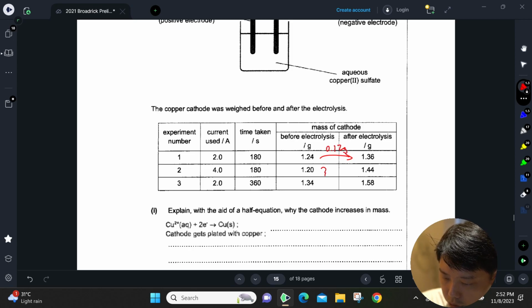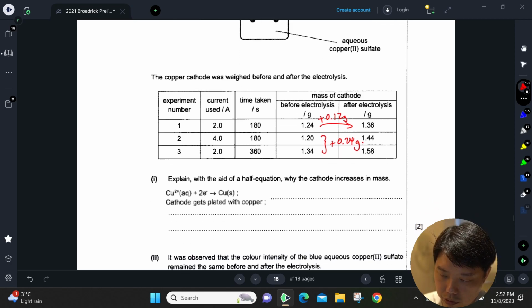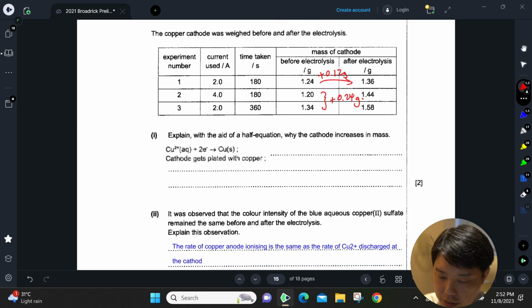For each of these two, there is an increase of 0.24 grams. Explain with the aid of a half equation why the cathode increases in mass. Because copper is reduced. Copper is reduced at the cathode. That's where reduction takes place.